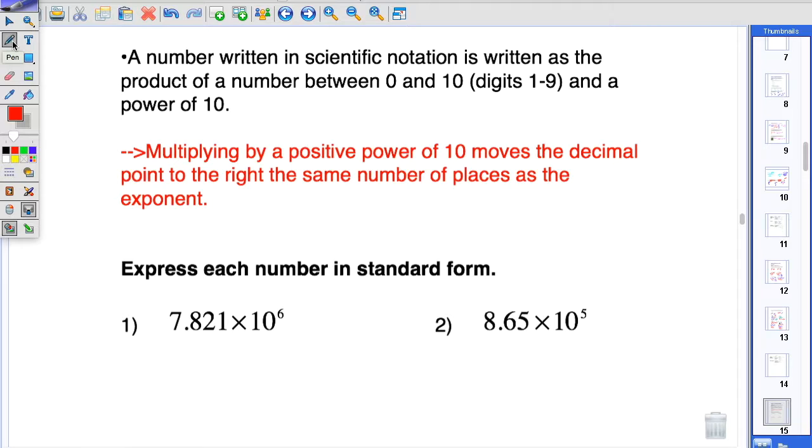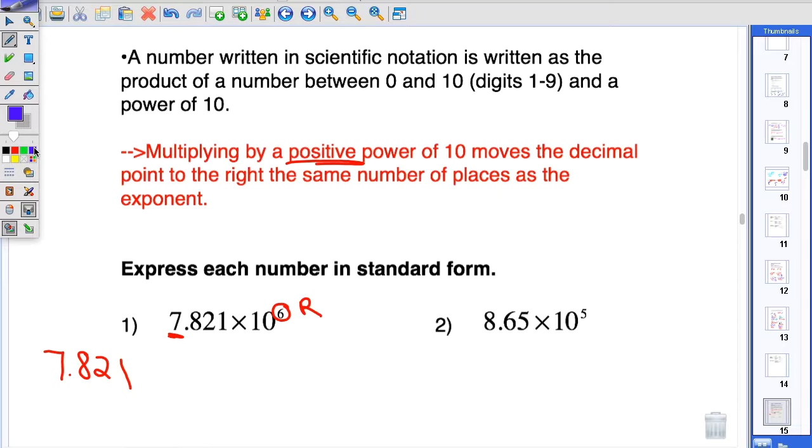So the numbers written here are in scientific notation. It's a product of a number between 0 and 10, so we can see that 7 falls in between 0 and 10, and a power of 10. To take your number out of scientific notation, we want to look at your exponent. If your exponent is positive, you want to move your decimal point to the right. So we start by taking your digits in front of your multiplication sign.